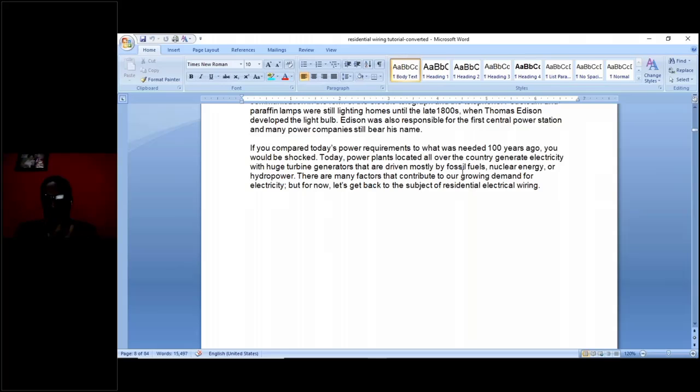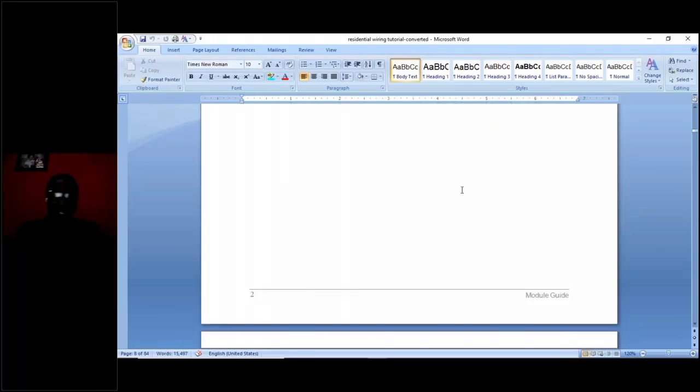There are many factors that contribute to our growing demand for electricity. But for now, let's go back to residential wiring.